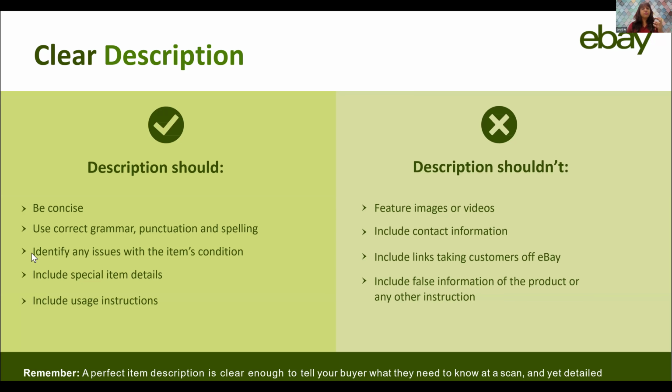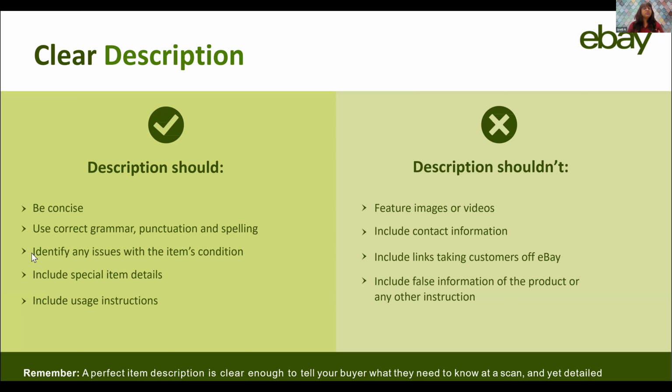Now, this was the information on what your description should include. The description should not include any feature or images or videos that do not actually depict what your product is. eBay gives you the option to add one video and 24 photographs within the photos section, so stay away from adding any kind of images or videos as a part of the description. Next, do not include any kind of contact information or any links that take customers away from eBay.